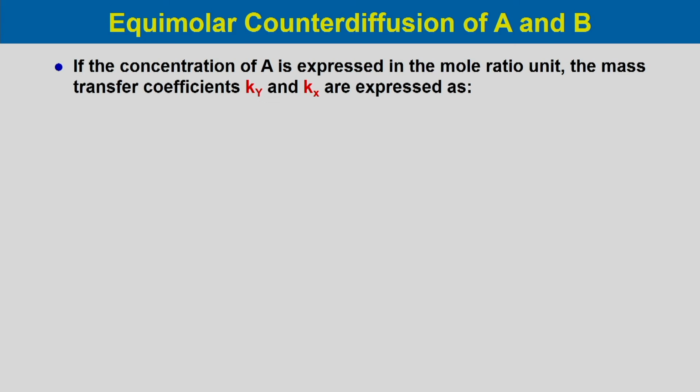Now, if the concentration of A is expressed in mole ratio unit, the mass transfer coefficients K capital Y and K capital X are expressed as NA would be equal to K capital Y, YA1 minus YA2 for the gas phase. That means, here capital YA1 and capital YA2 are not mole fraction unit, they are mole ratio unit.